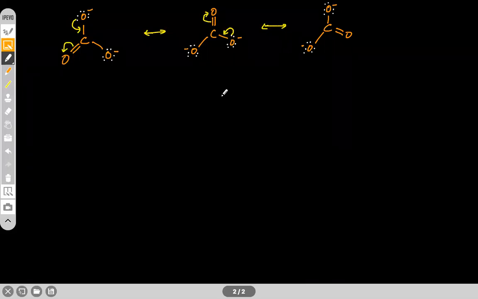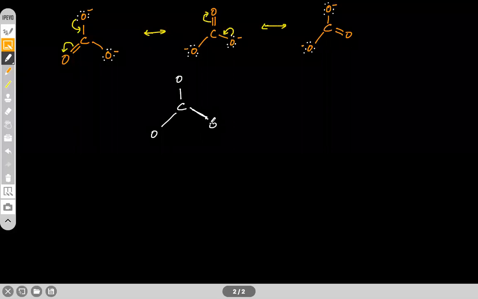The real structure is not this. All these are hypothetical, imaginary structures. The real structure of the carbonate ion, which we call the real hybrid, is this. We have a partial double bond character from this side to this side, and partial double bond character here also.